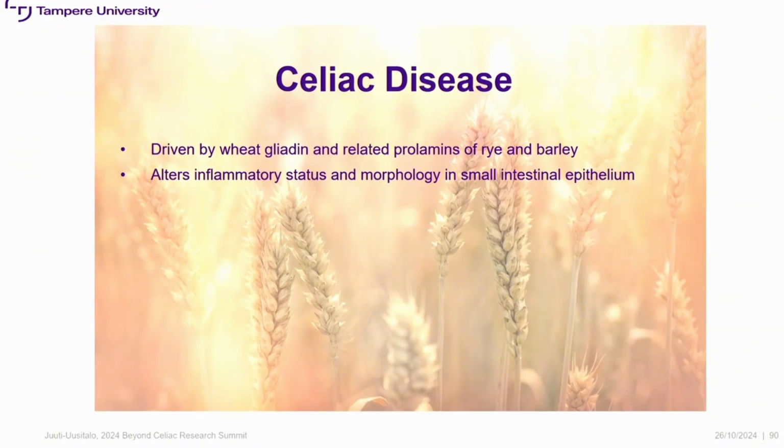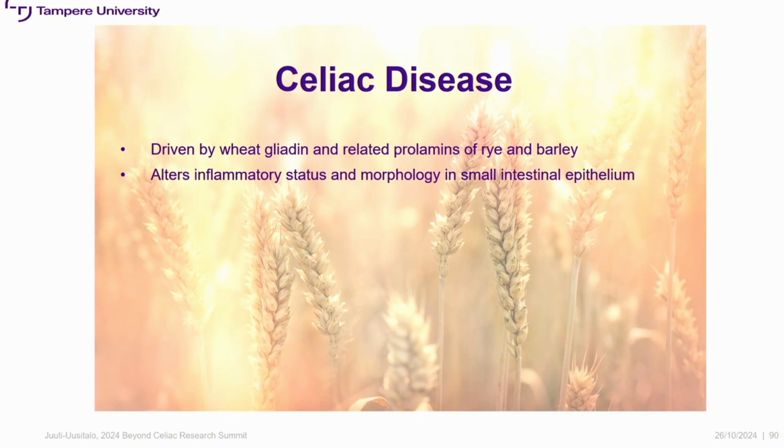Thank you for this opportunity to talk about the preclinical model of celiac disease intestine. This is the bread and butter for all of us about celiac disease: it is driven by dietary gluten, rye and barley prolamins, which are very resistant to the digestive enzymes within the gut.